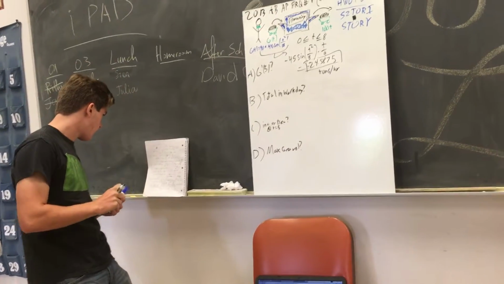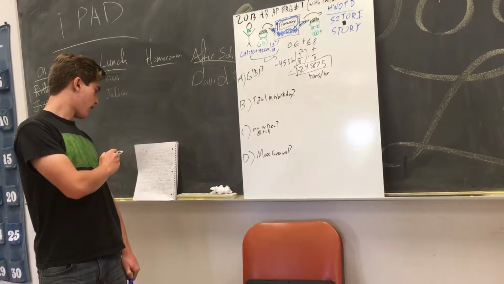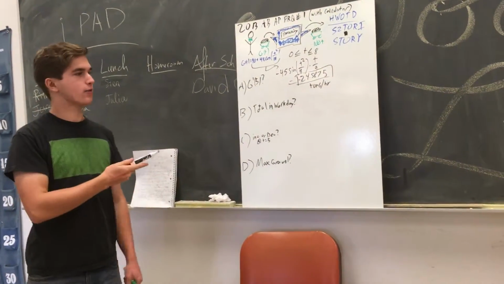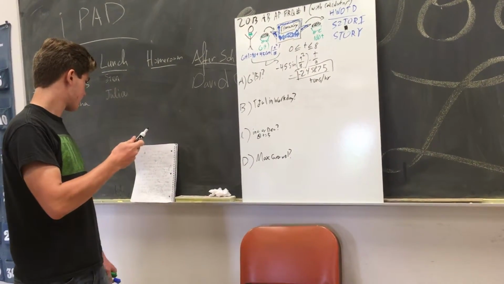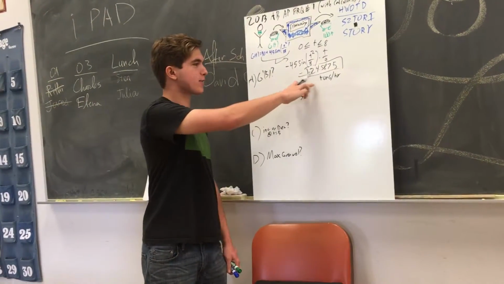Okay. So we know that g prime of 5 is the rate that gravel is decreasing. The rate that gravel is decreasing by this much.